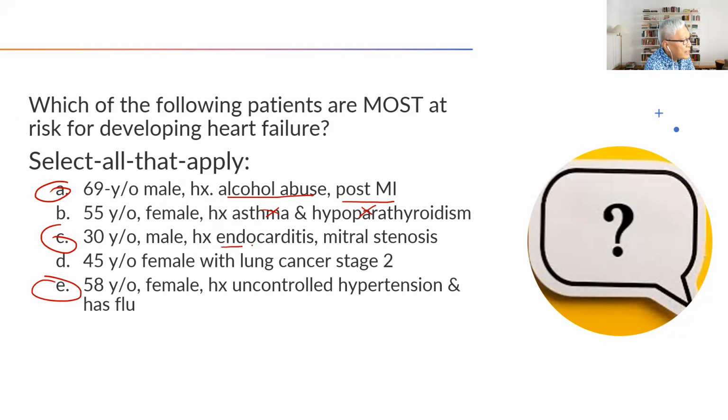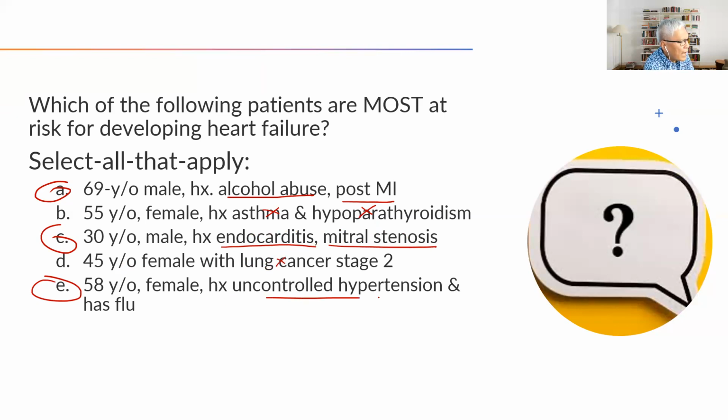In here, endocarditis. Endocarditis is an infection of the inner lining or the inner layer of the heart. And mitral stenosis, we all know that could cause heart failure. And letter D, lung cancer, does not have any bearing at all.